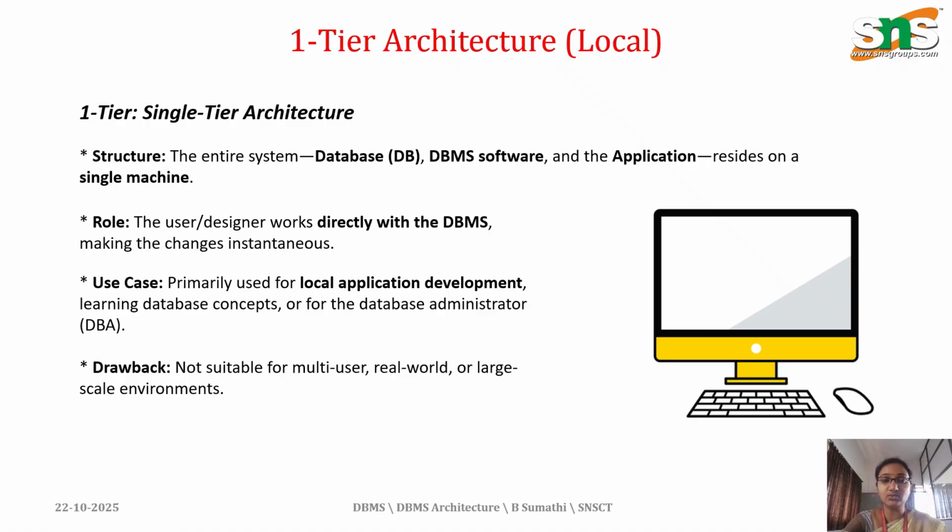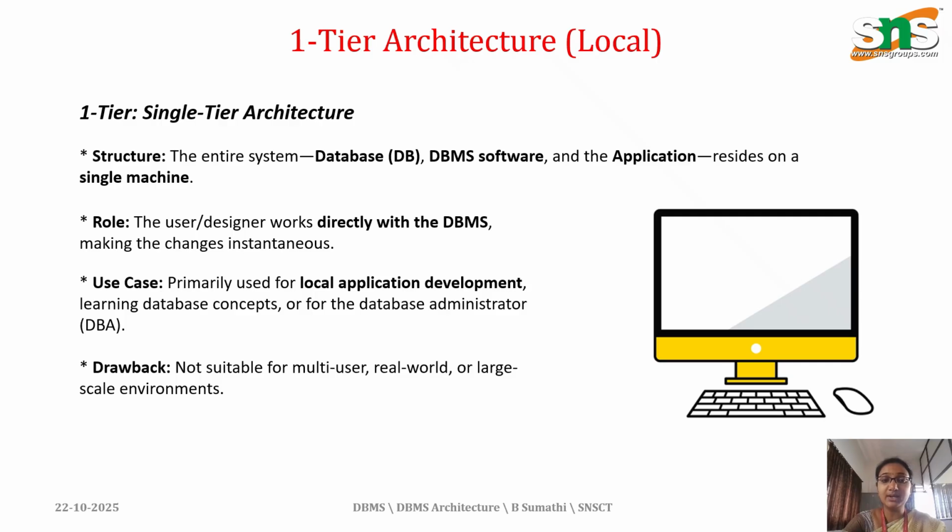The structure of the one-tier architecture is that the entire system, that is the database, the DBMS software, and the application, resides on a single machine. So all these three components will be on a single machine. Role: the user or designer works directly with the DBMS, making changes instantly.